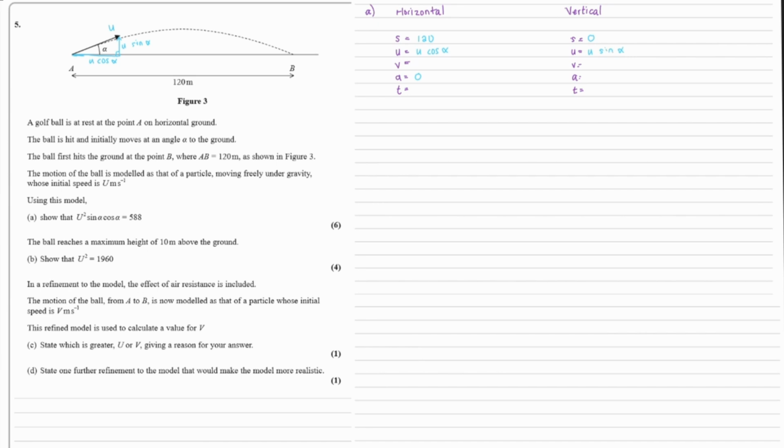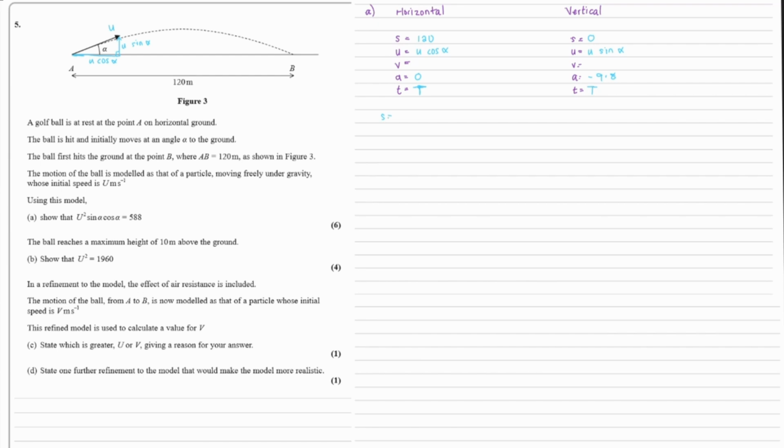Our ball is being hit and moves against gravity, so our acceleration will be minus 9.8. And we know that the time the ball takes to go from A to B will be the same in the horizontal and the vertical components, so we can just put that as a capital T, because as of now, we do not know the value of that.